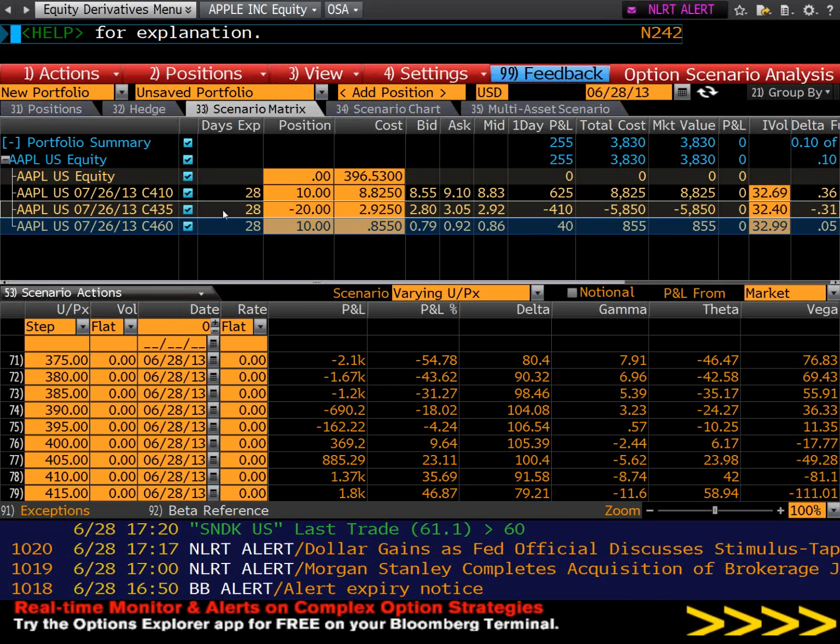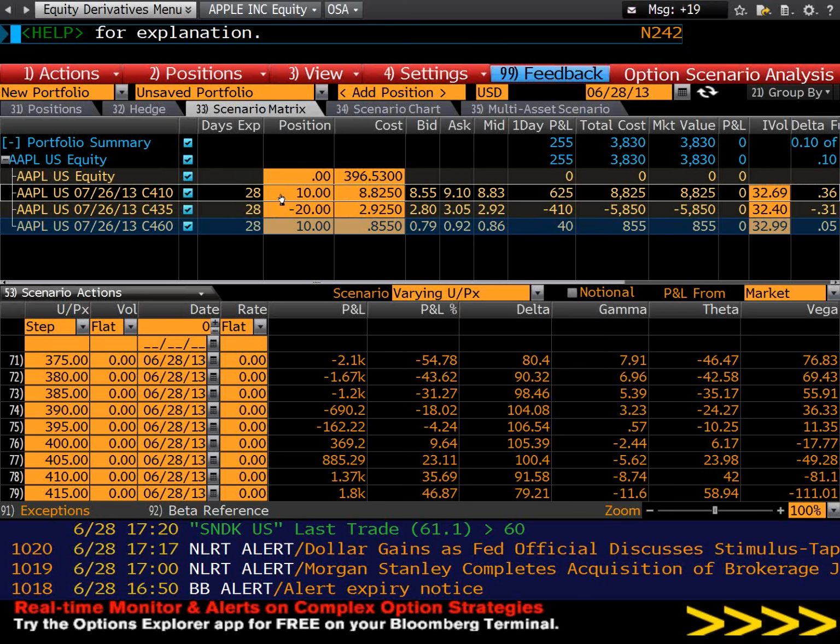And that is, by the way, the maximum we can lose, okay? Butterflies are risk-defined positions. If you keep the butterfly all the way through, in other words, you do not break it up at some point, you keep it as a single position, whatever you pay for the butterfly is your risk. There's just no way around it because it's basically a collar type structure.